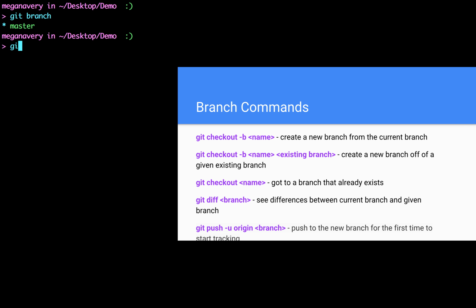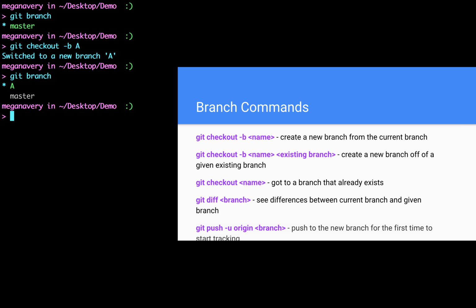So I can do git checkout -b a. And so if I do git branch again, it shows that I'm on branch A. I can create another branch by doing git checkout -b b.